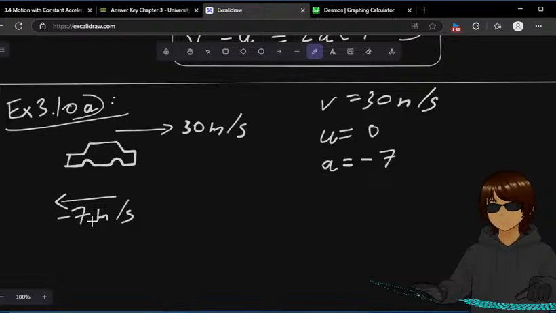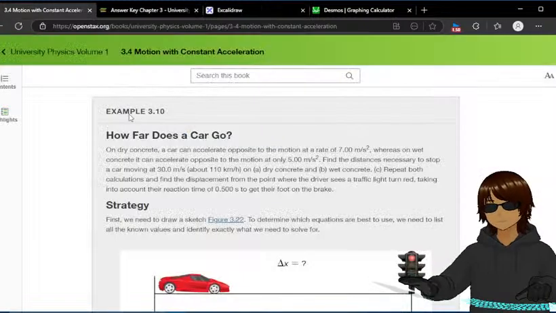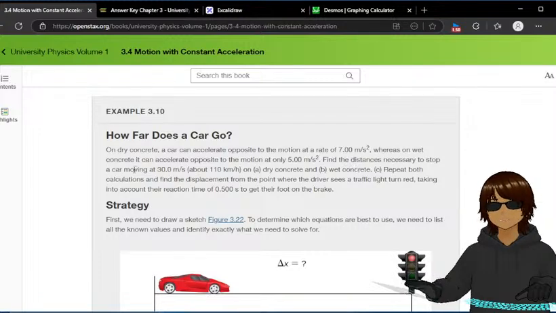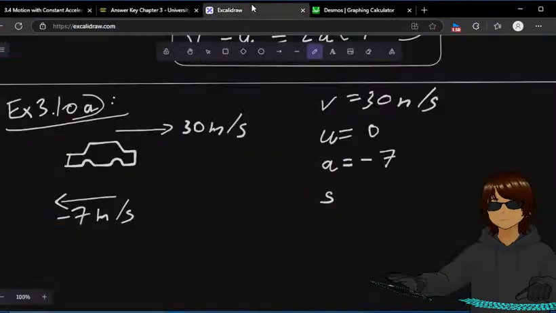And we need to find delta x. Well, displacement, when I learned it in A levels, was represented as s, the change in displacement. Find the distance necessary to stop a car moving, so the minimum distance required.